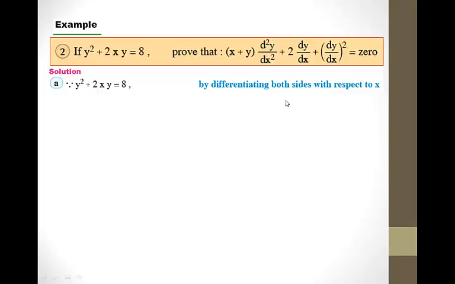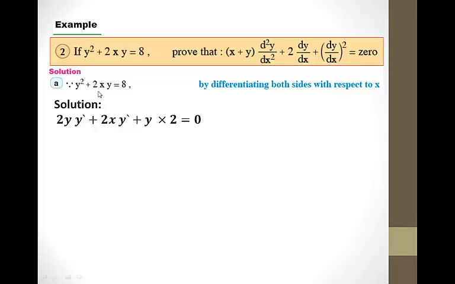By differentiating both sides with respect to x, what's the differentiation of y power 2? It is 2y power 1 multiply y dash. Y dash is the derivative of y because y is a function of x. Here 2y y dash plus, we have here two functions. 2x is the first and y is the second.